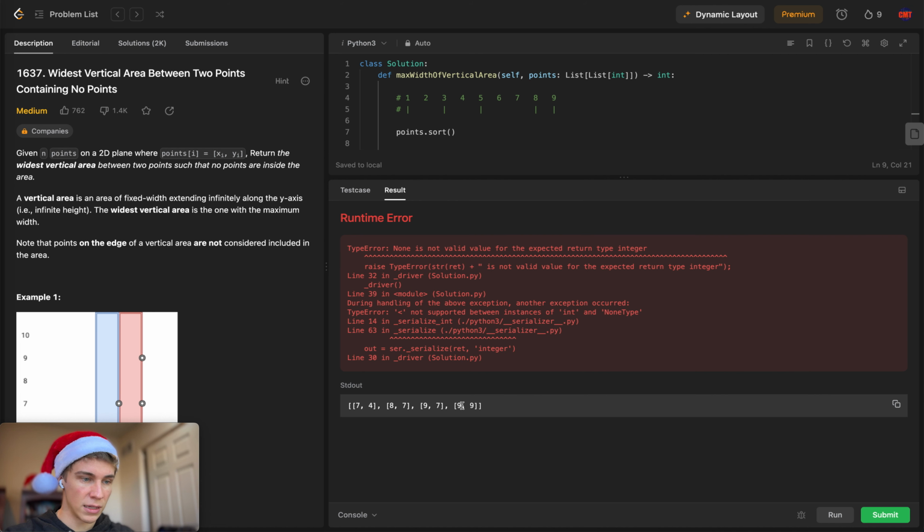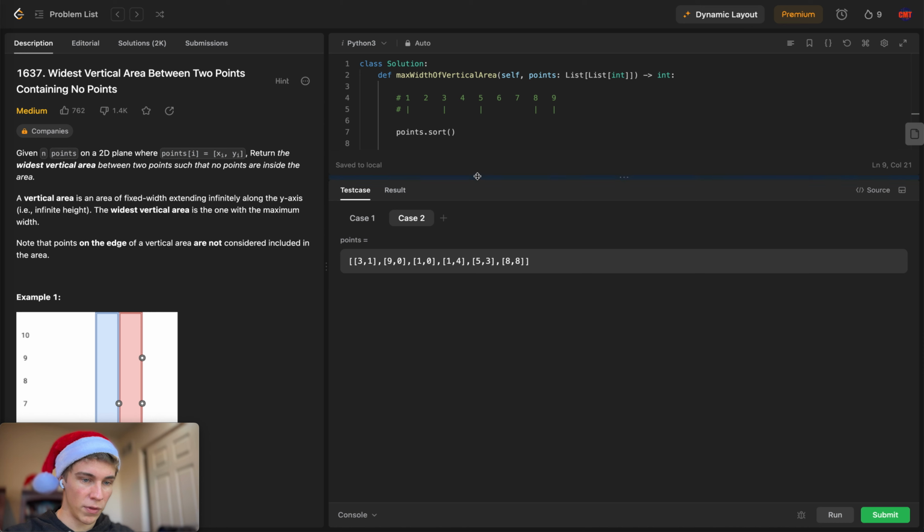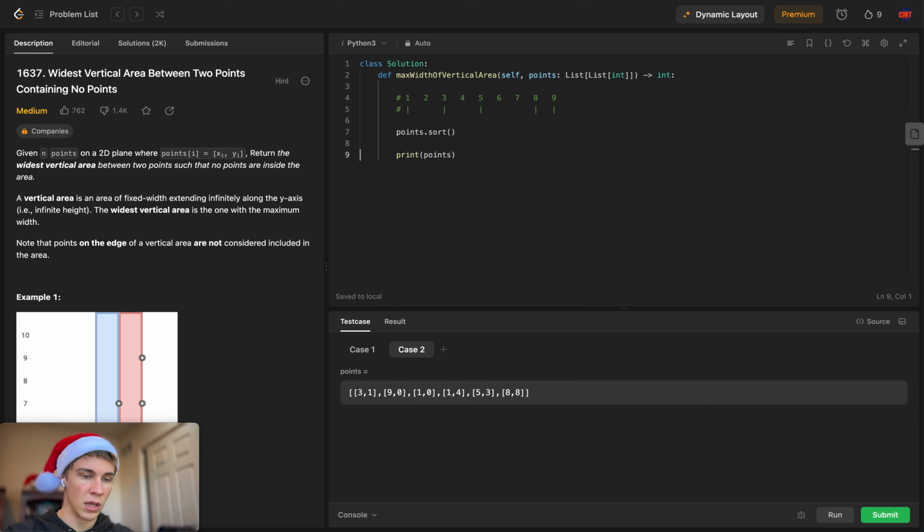7, 8, 9, 9 seems sorted enough. Hopefully this one is sorted too. Let's get to the max diff. Let me say that the max diff is initially 0. For i in range, let's start at 1 and go to length of points. Let's have the first point be points at i minus 1, and the second be at i.